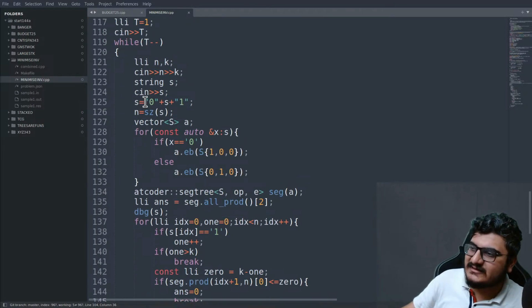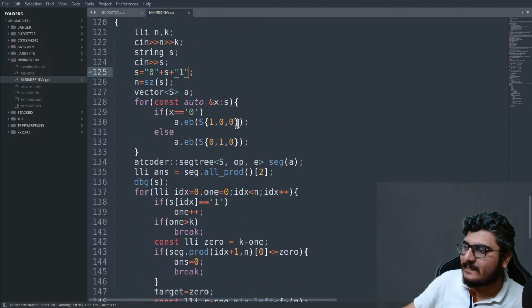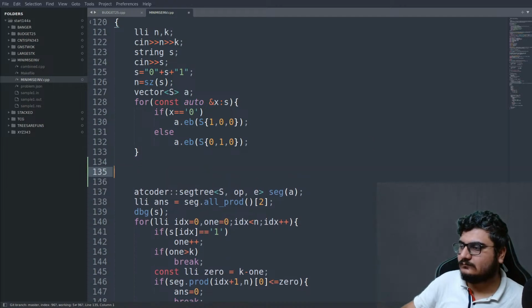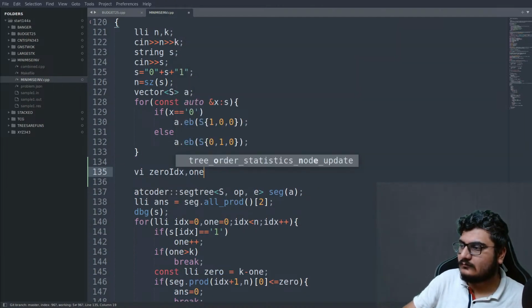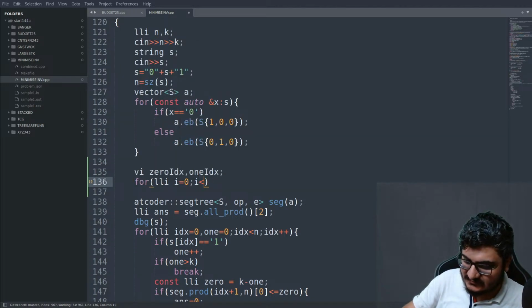This is how you write a segment tree for the inversion count. For the sake of simplicity, I ended up adding a 1 at the start and a 0 at the end. It does not make any sense, but yeah. Let's find all the indexes of 1 and 0.